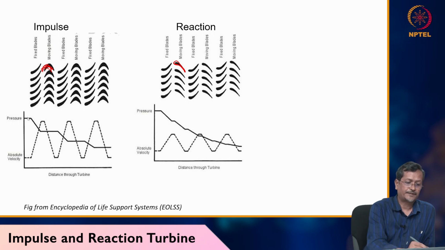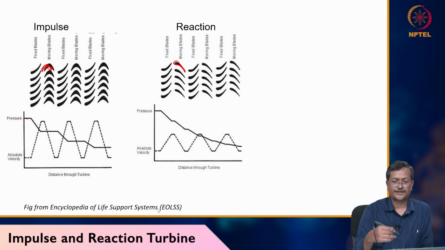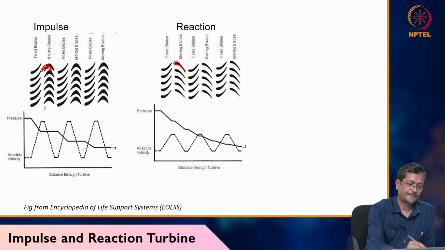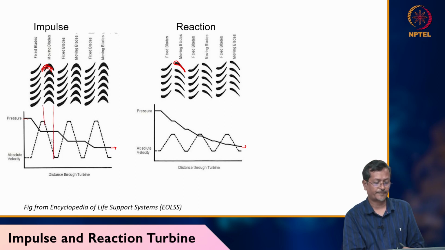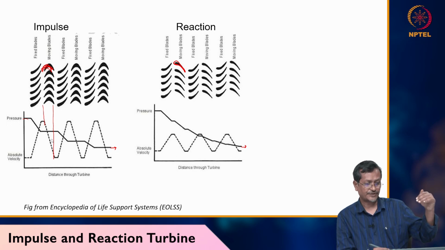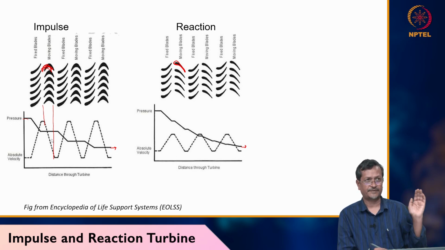In the impulse turbine, pressure goes down gradually. In the reaction turbine also pressure is going down gradually, you can see the bottom pictures. But for absolute velocity, in the impulse turbine, inside the turbine rows the velocity goes down. You are giving very high velocity, and the fluid is transferring energy to the blade.